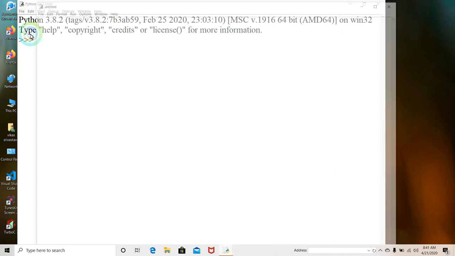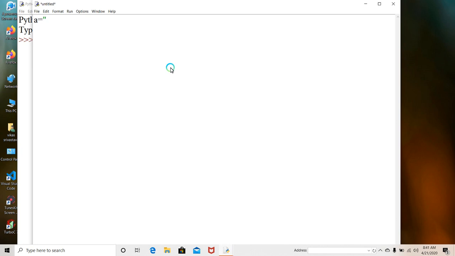New file. We all know that if we have stored a is equal to computer, then to return a slice we write the variable name a, index n to m. That means it returns the values from n to m minus 1.